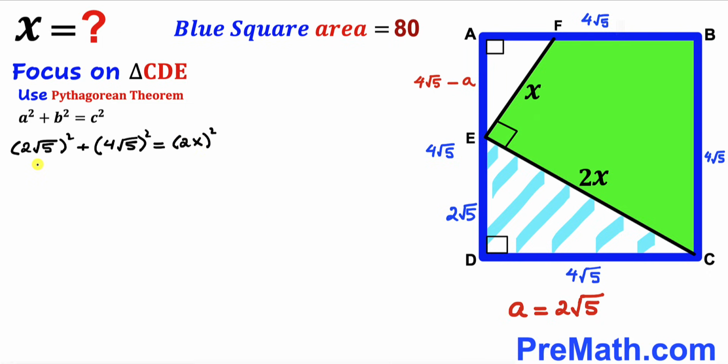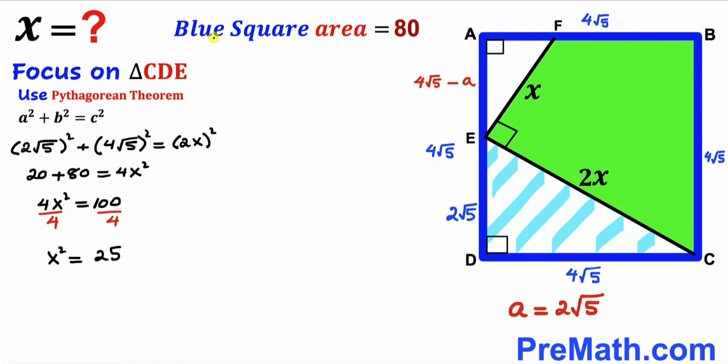Let's simplify. That gives us 20 plus 80 equals 4x squared. So 4x squared is equal to 100. Now I'm going to divide both sides by 4, so x squared is equal to 25.